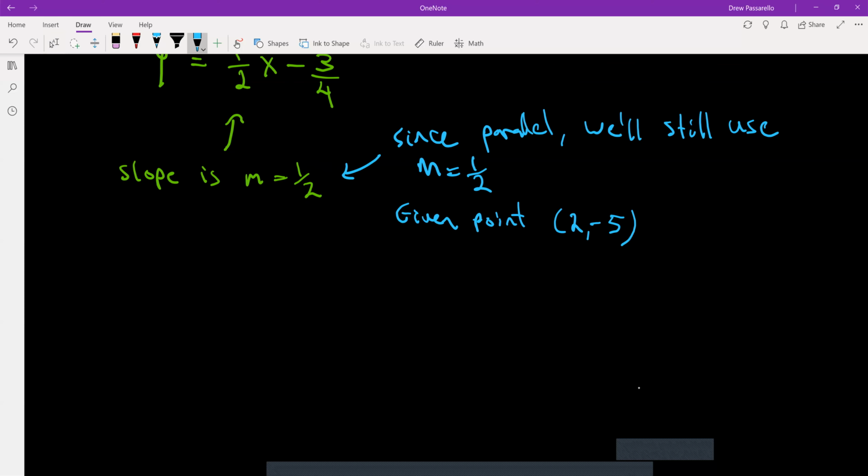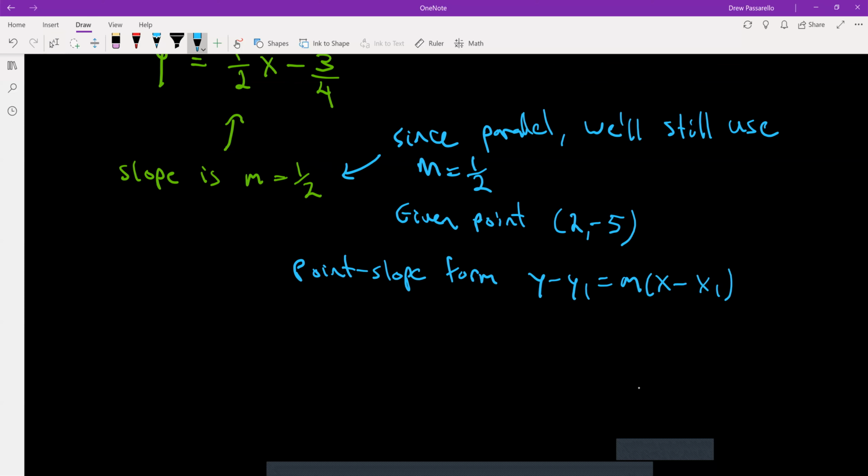It's quicker to just write the point-slope form, so I'm going to do that. Point-slope form is y minus y1 equals m times x minus x1.